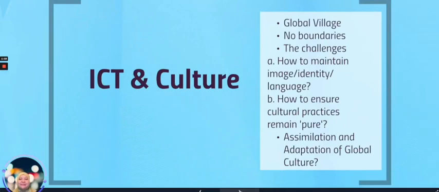So, ladies and gentlemen, ICT and culture. Have you heard of the term global village? Now, global village is actually a concept, I would say, that's made possible by the fact that we have internet access. For example, we can be considered a global citizen simply because we don't have to travel far in order to know the happenings in the US, for example.